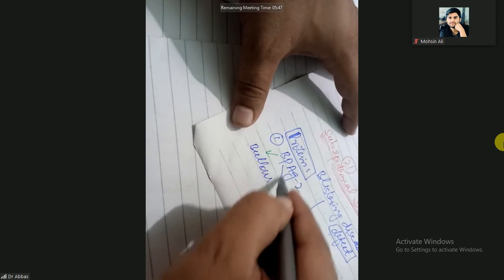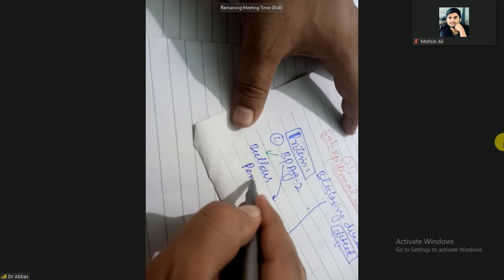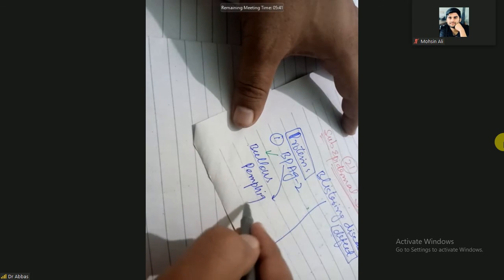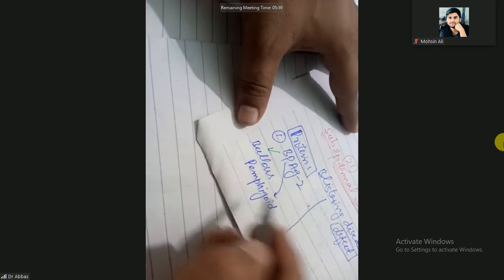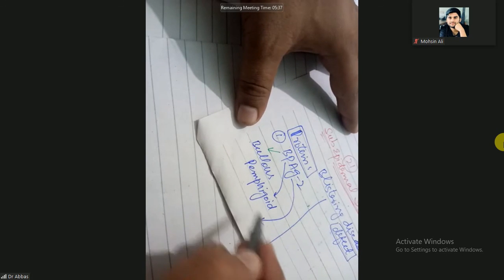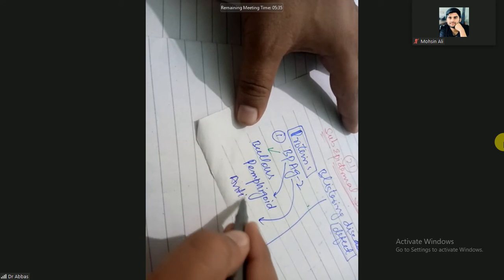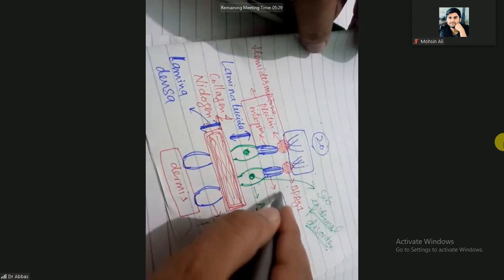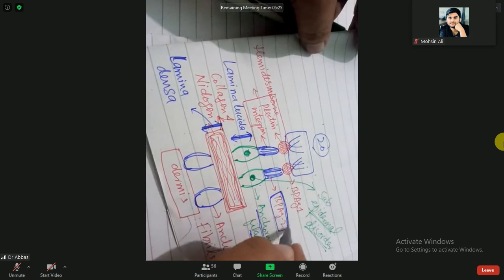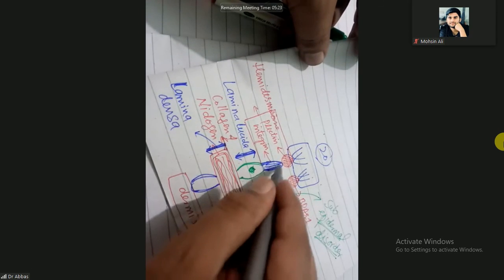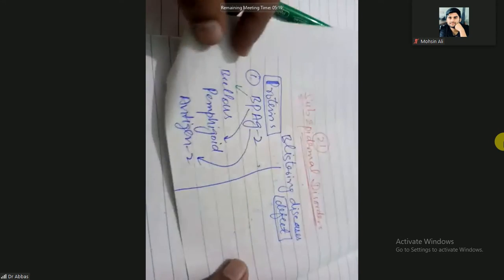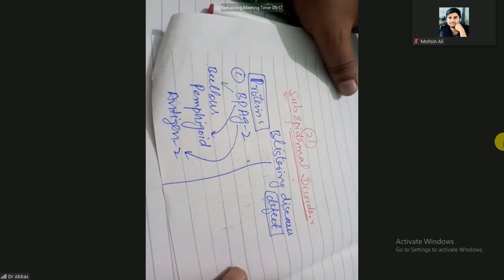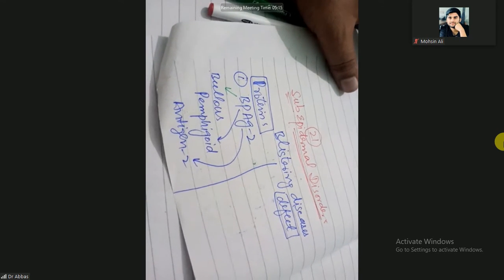AG means antigen 2. So when this is defective, look at here in the diagram. When this one is defective, what will happen? The name of the disease due to defect of BPAG2 is bullous pemphigoid.